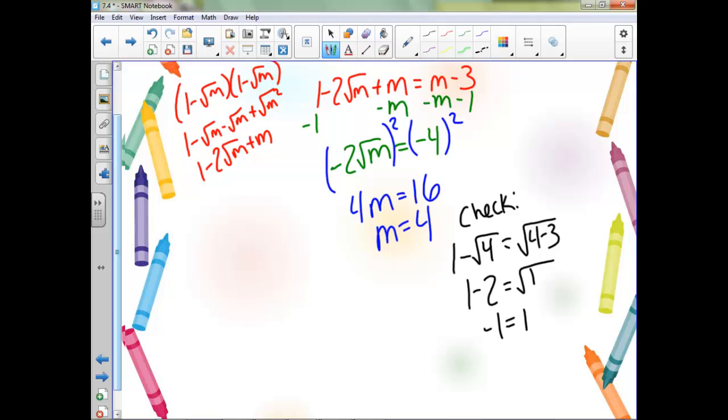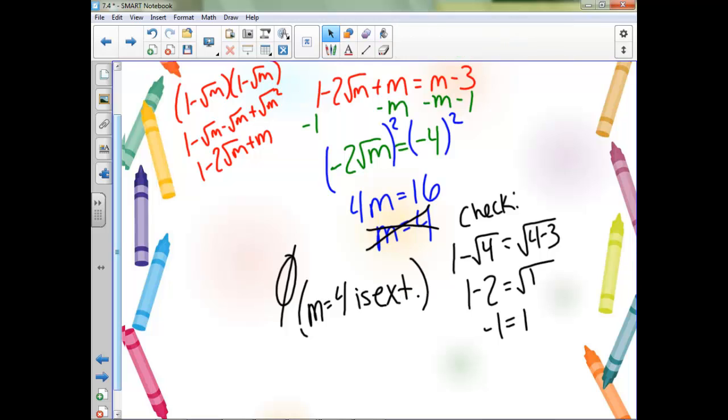Negative 1 does not equal 1, meaning that's not our solution. Which means we have no solution, but we need to say that m equals 4 is extraneous. So we got a number, it's just not correct.